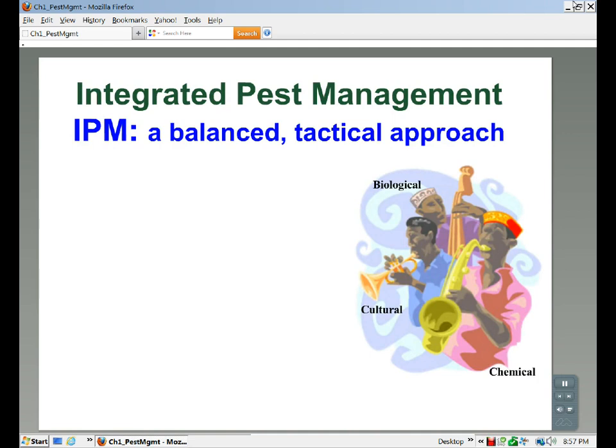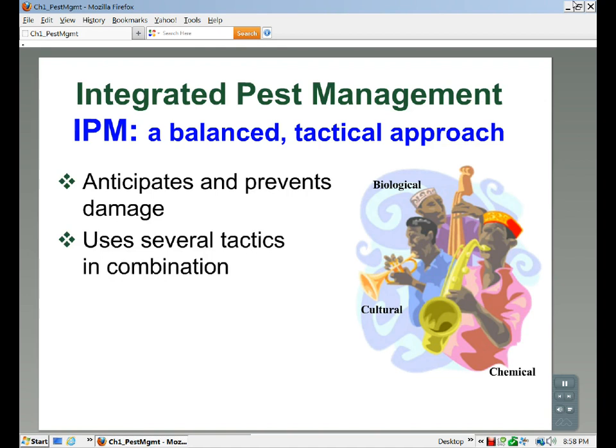Integrated Pest Management, or IPM, is a decision-based management style that implements a balanced tactical approach. The decision-making is based on planning to anticipate damage to prevent it from occurring, and if damage thresholds are met, using a variety of control tactics to suppress the pest population.